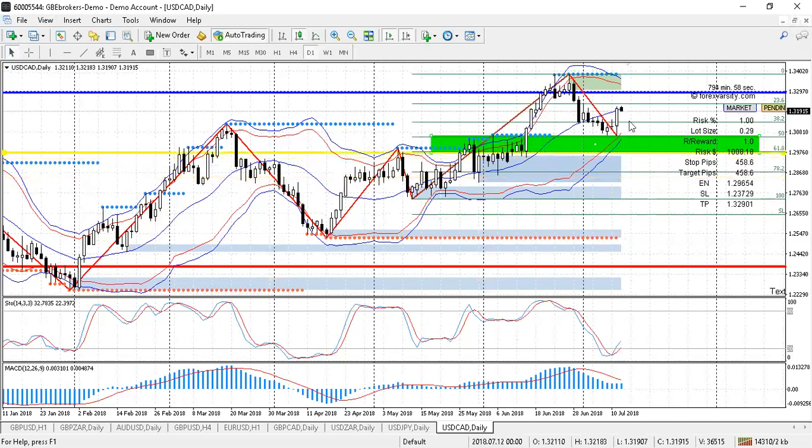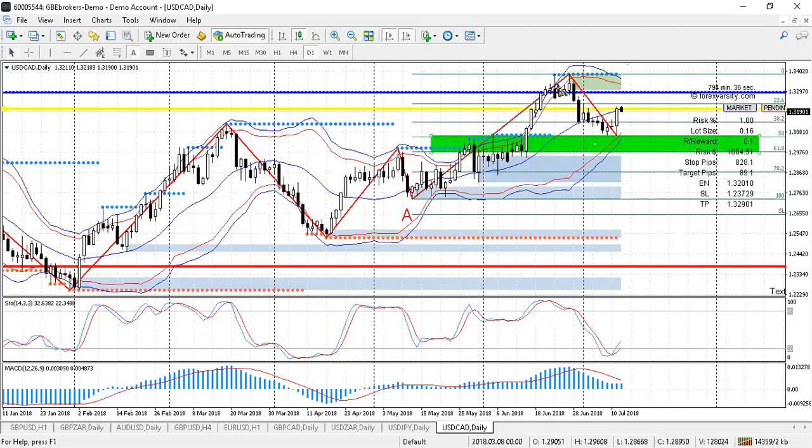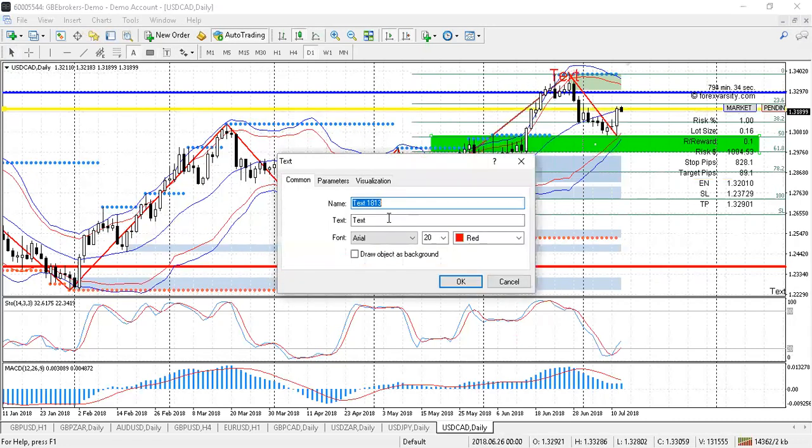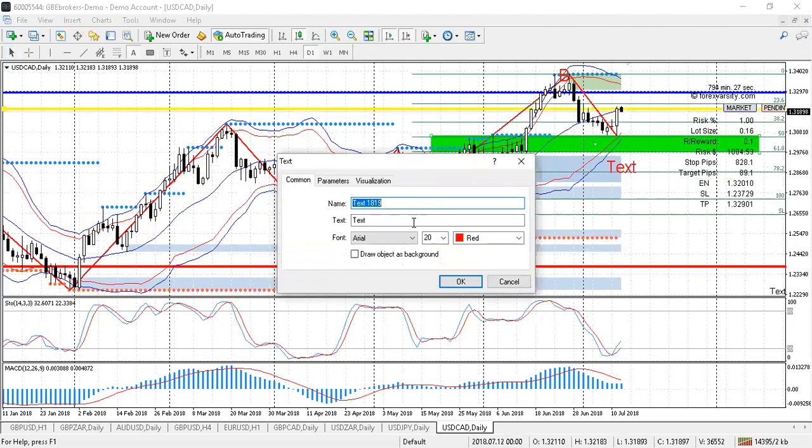So if you were to buy at the close of this candle here, then whenever you trade, if you consider this to be A, and then B, and then obviously we're looking for C here, so we've identified our C point to trade.